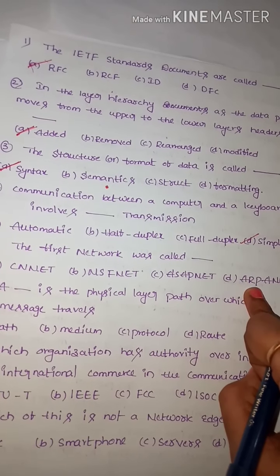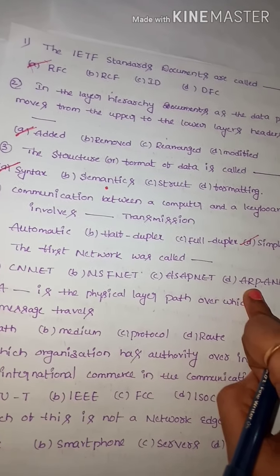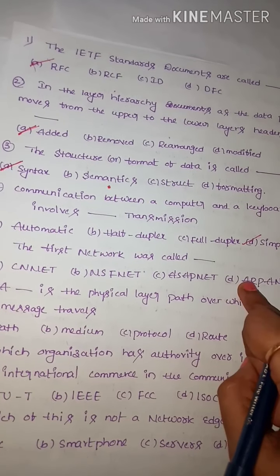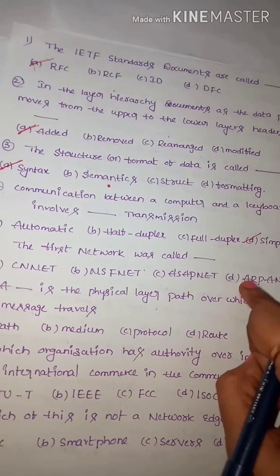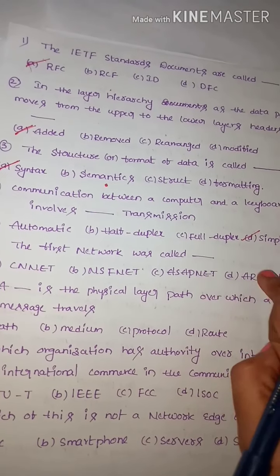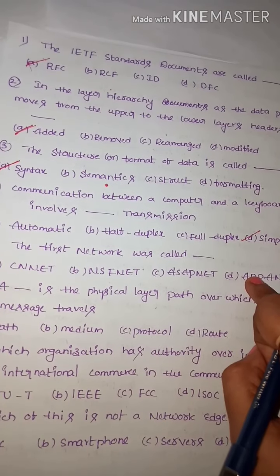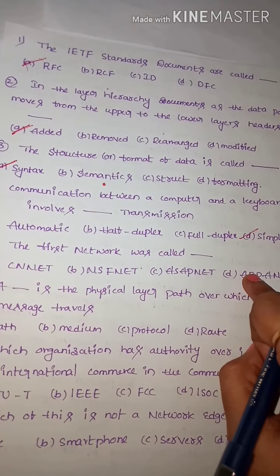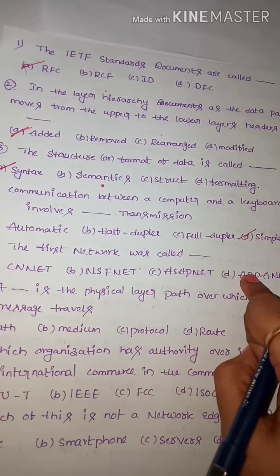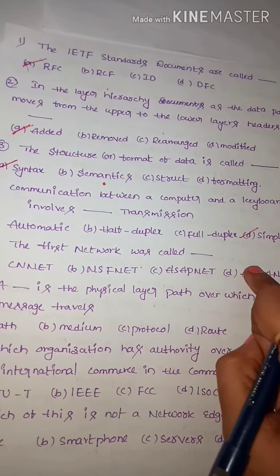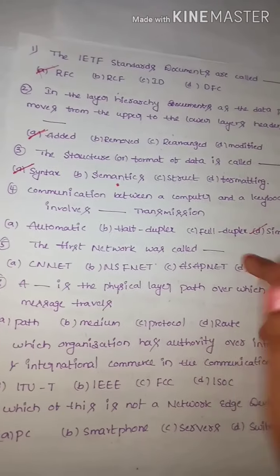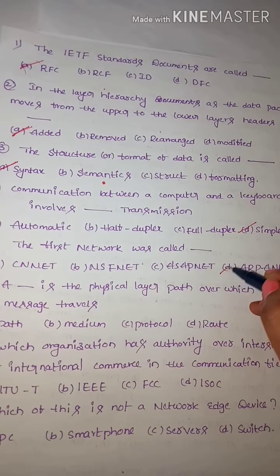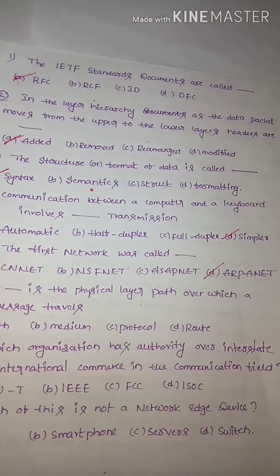It was the first network to be implemented, which used TCP/IP, that means transmission control protocol, in this network. This was developed in the year 1969. So the correct answer is ARPANet.